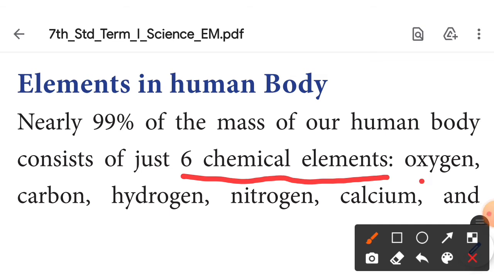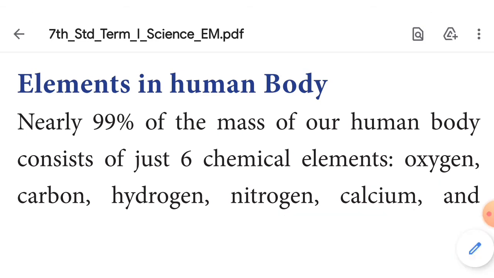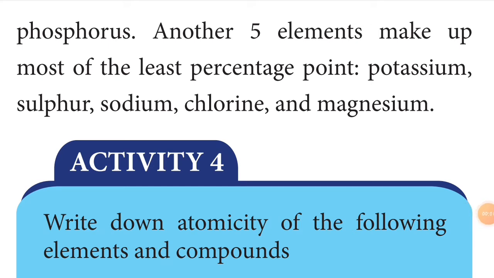One is oxygen, another is carbon, third is hydrogen, fourth is nitrogen, and fifth is calcium. What is the sixth element, children? Phosphorus. Another 5 elements make up the least percentage in our human body. They are potassium, sulfur, sodium, chlorine, and magnesium.